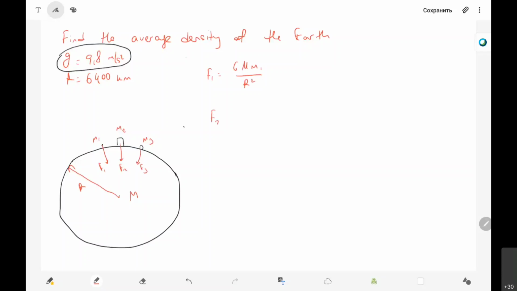Force 2, the force between Earth and my house, for example, my flat. The only difference is we need to change the mass of the object, because Earth is common for me and for my car. The distance for me and for my car is also common, the same. And this is the force between Earth and my car.